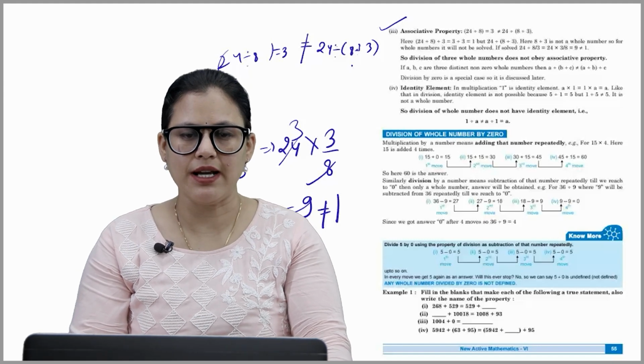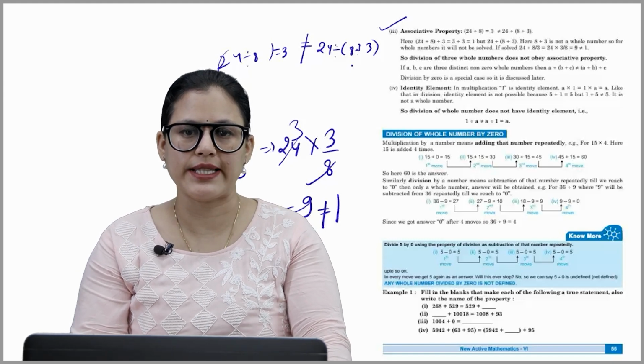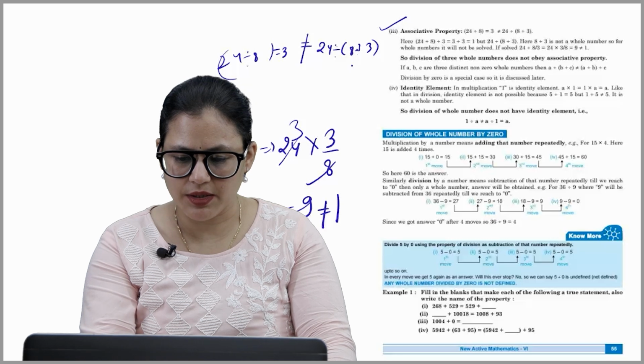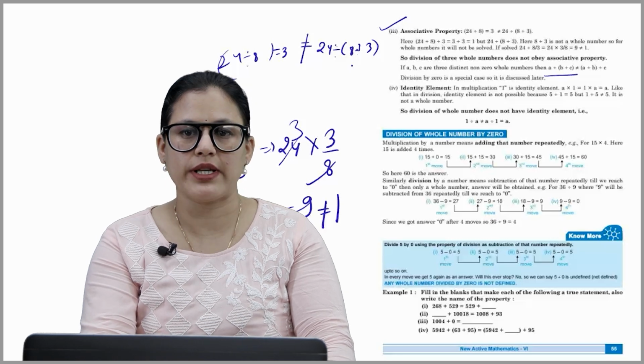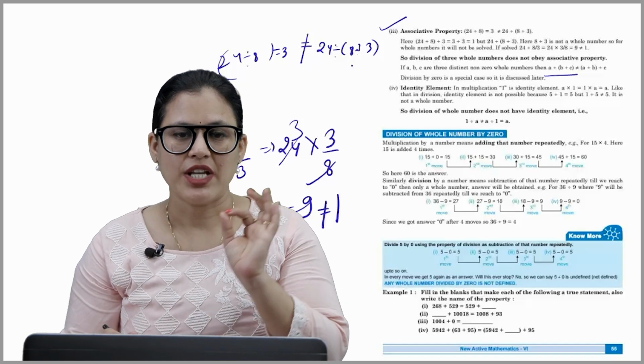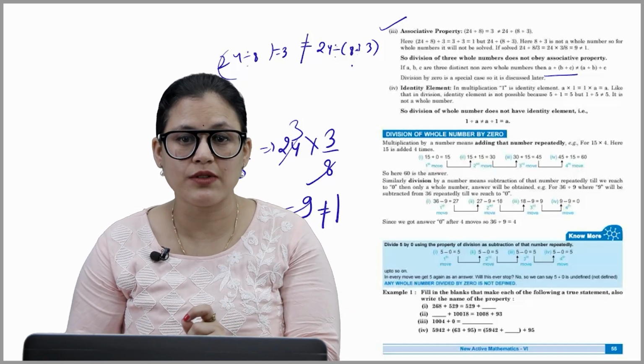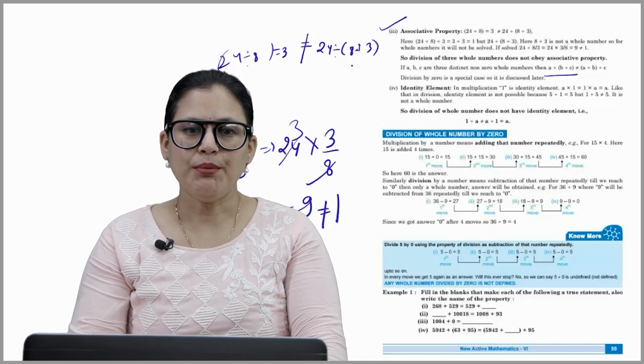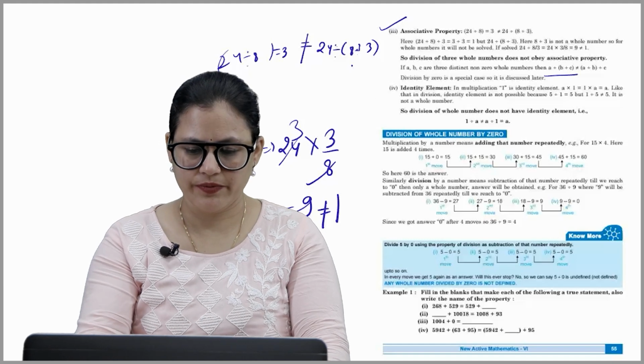If A, B, C are three distinct non-zero whole numbers, then A divided by (B divided by C) is not equal to (A divided by B) divided by C. Division by 0 is a special case, so it is discussed later, right? Number 4, identity element.